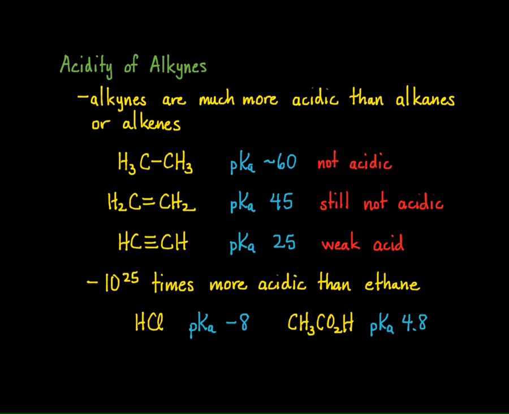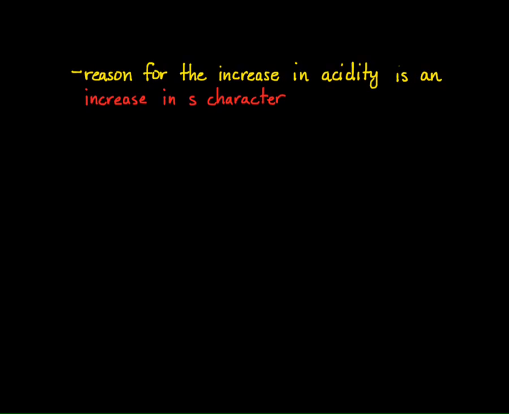The reason for that acidity is really an increase in s character. Just as we talk about the bond length and strength of an alkyne bond, we can also talk about its acidic nature.